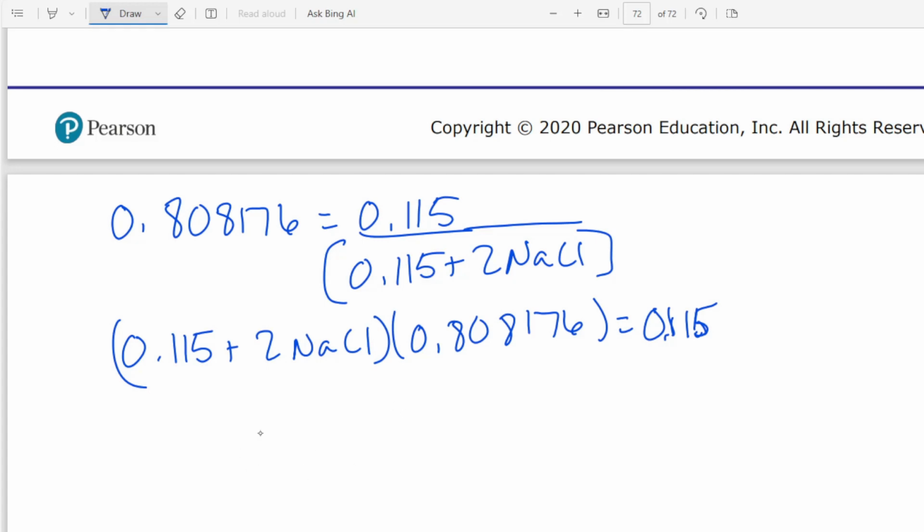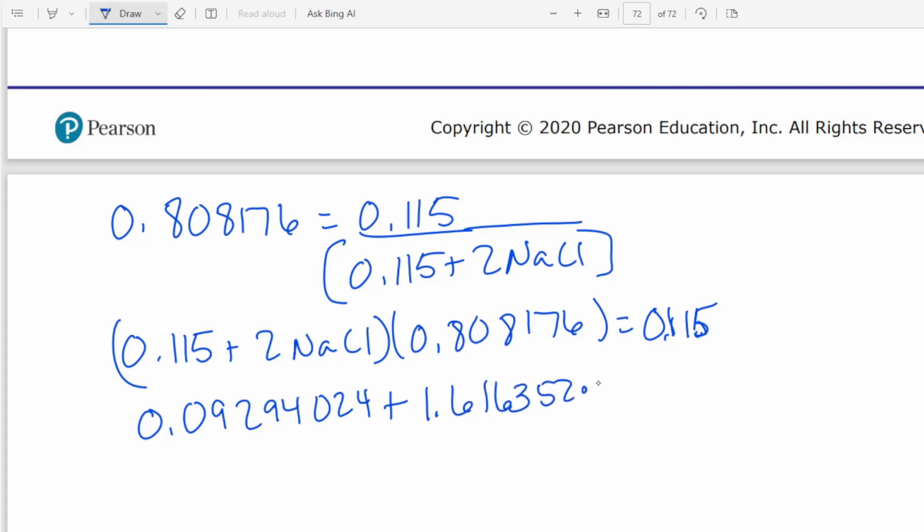Okay, so I'm going to distribute now, and I get 0.09294024 plus 1.616352 times NaCl equals 0.115.